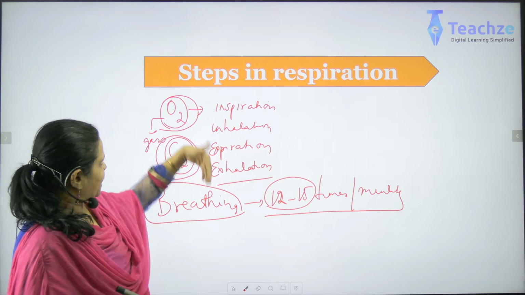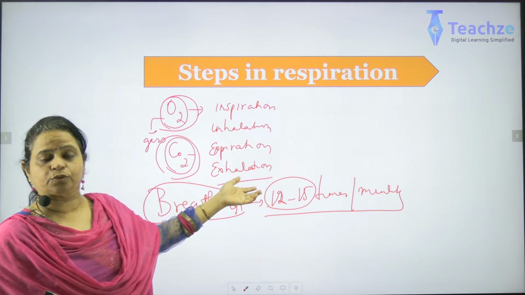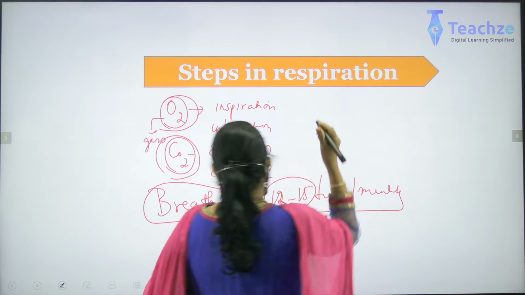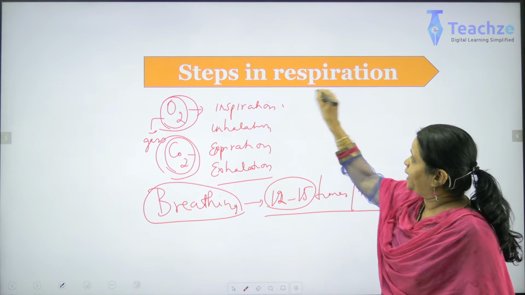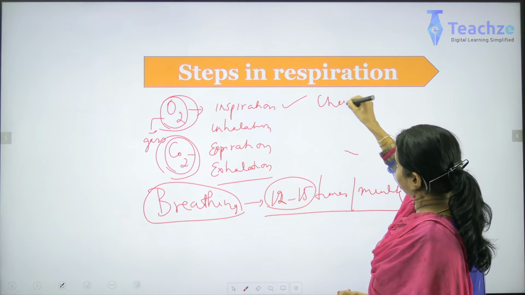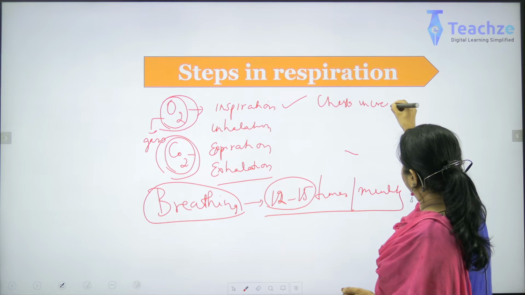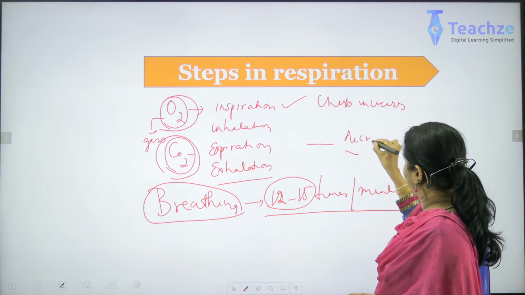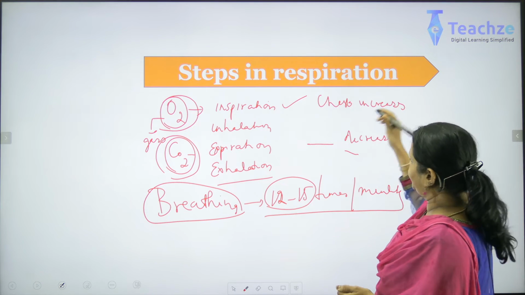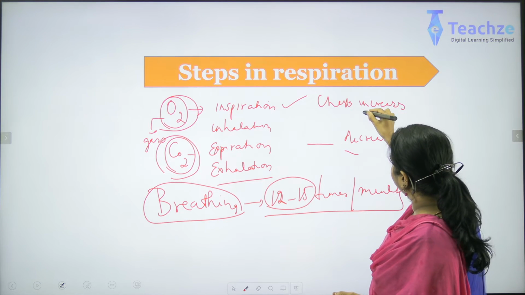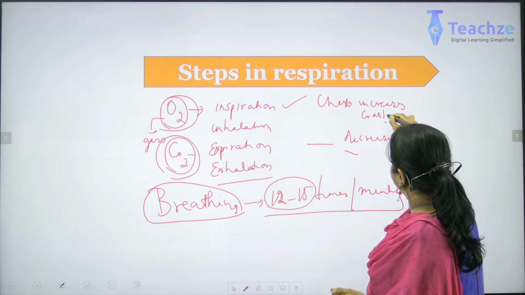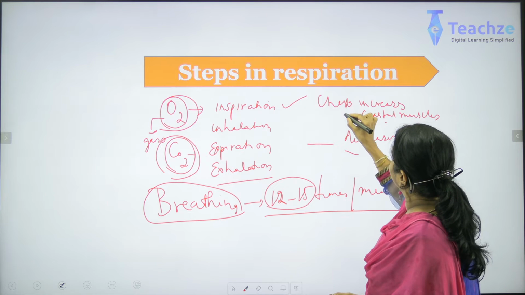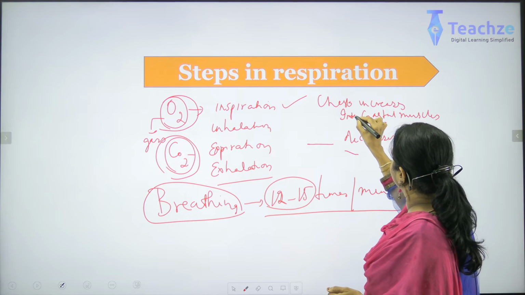Now, the steps will be inspiration and expiration. So looking at the diagram, we understood what the differences are between these two. Now in inspiration, that is when you take in air, your chest cavity increases. Here it decreases. You find the ribs are pulled outward by means of costal muscles, that is the internal costal muscles.